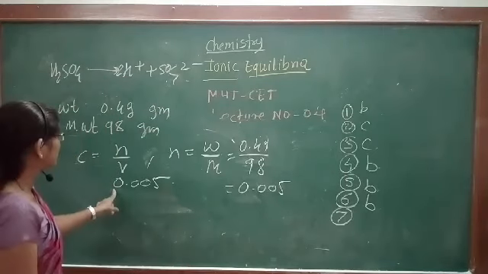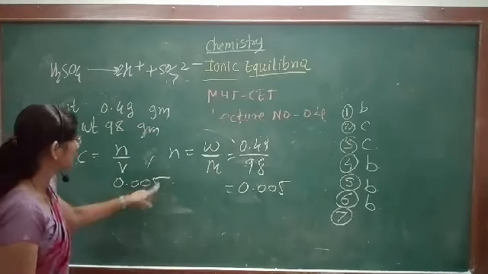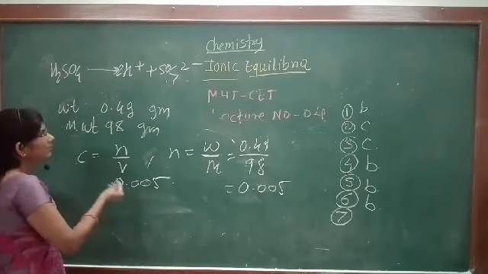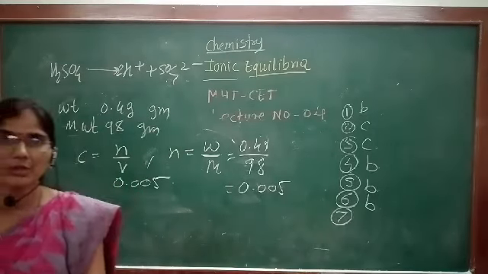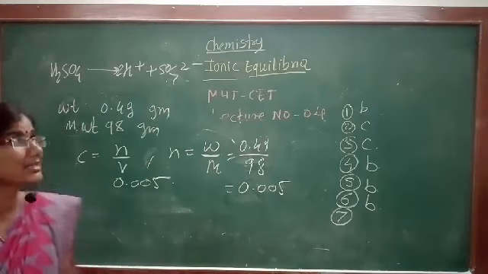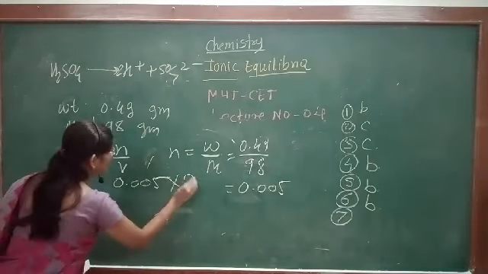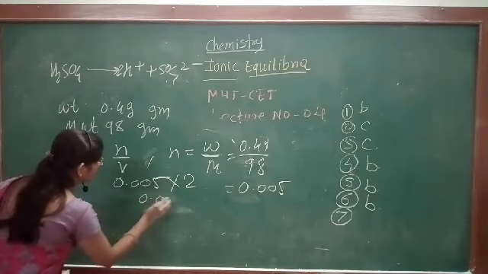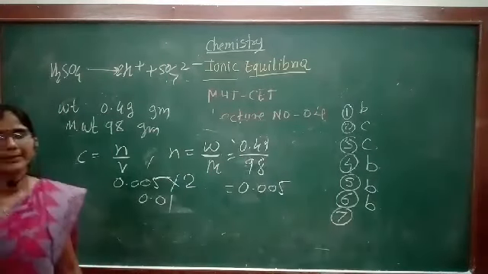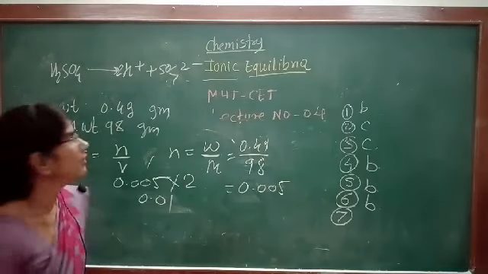But we don't take it as 0.005 because it is a diprotic acid. So we have to multiply it by 2. Then it becomes 0.01.